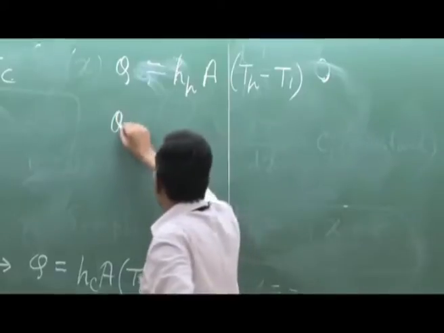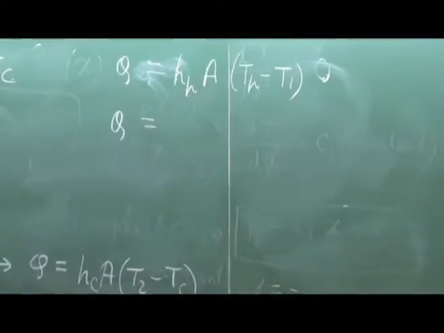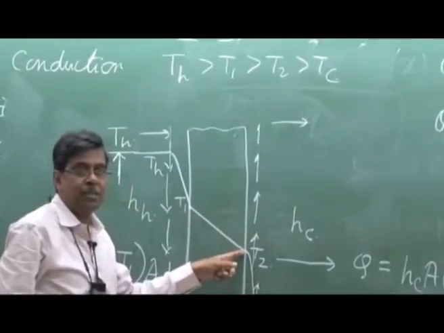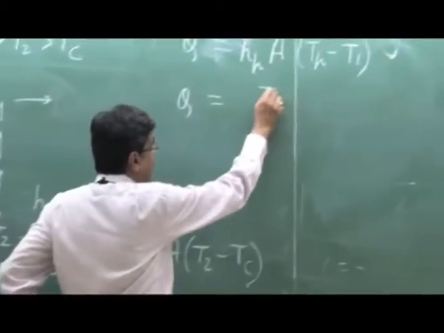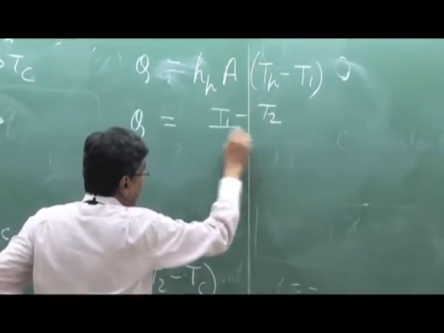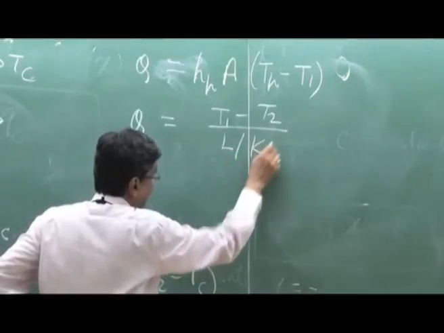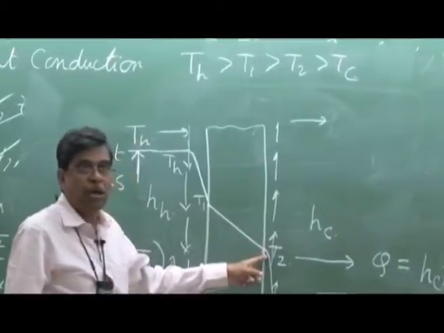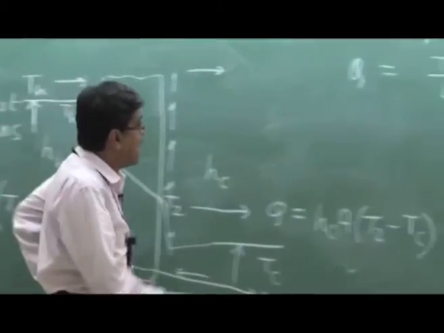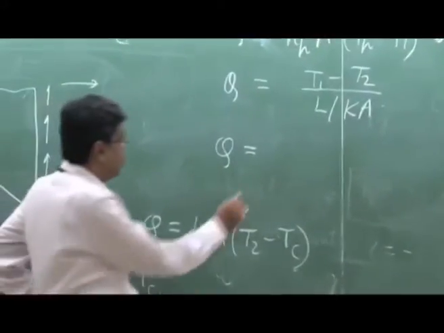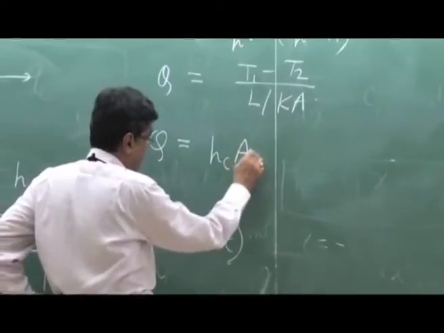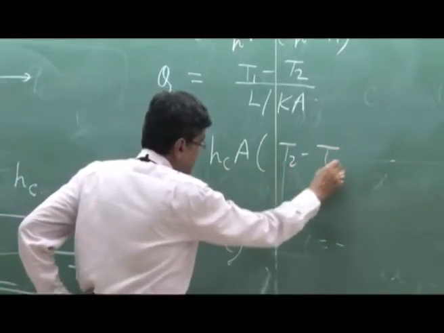The same heat flux Q now goes from this surface to this surface, flows by conduction, which is nothing but T1 minus T2 divided by L by KA, which already we deduced here. If the two surface temperatures are T1, T2, conduction is given by this, and the same heat Q, because of steady state, is going out, which is HC into A into T2 minus TC.